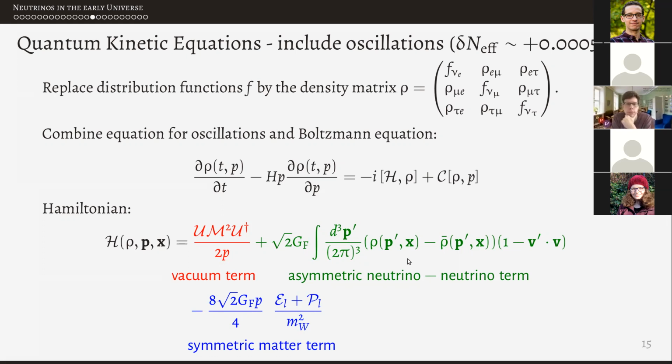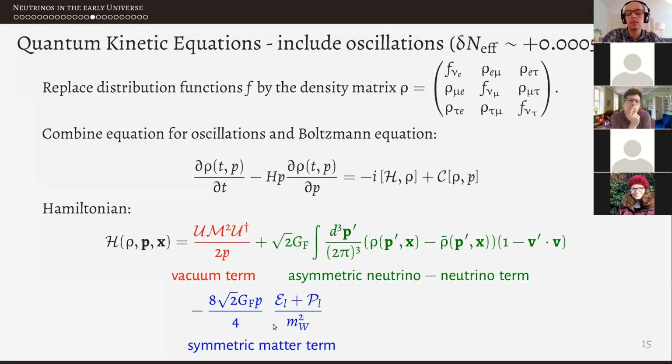Then there's this asymmetric neutrino-neutrino term that Shashank also introduced. So I'll leave that for a moment. And then we have this symmetric matter term. In contrast to the usual matter term, which depends on the number of electrons minus the number of positrons, this one depends on the sum of the electron density and positron density. The thing is that in the early universe, we have almost equal amounts of electrons and positrons, so the difference is going to be approximately 0.